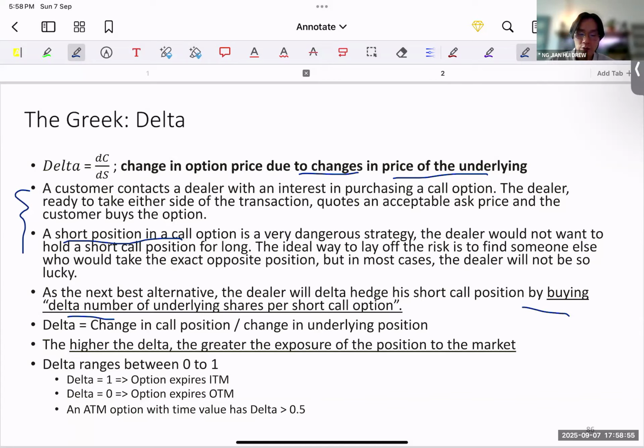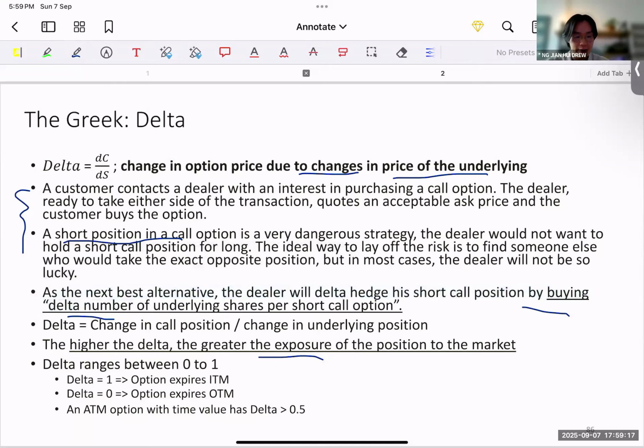So a higher delta generally means higher exposure of your options, in this case the short call option, to the market. Generally, delta ranges between 0 and 1. Just to take note, for a put, it becomes 0 to -1, as we'll see in the next slide.